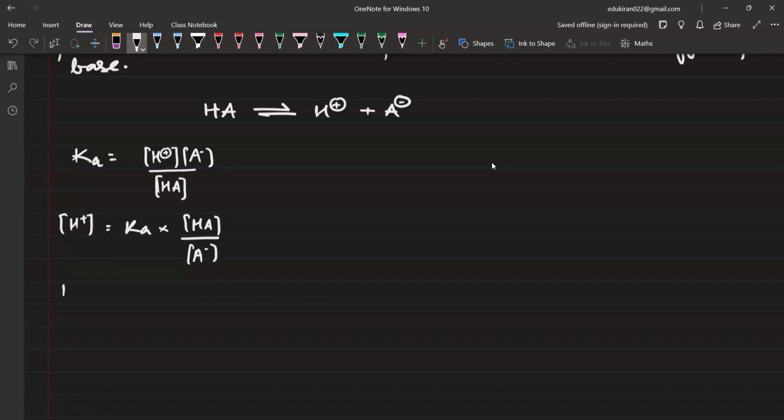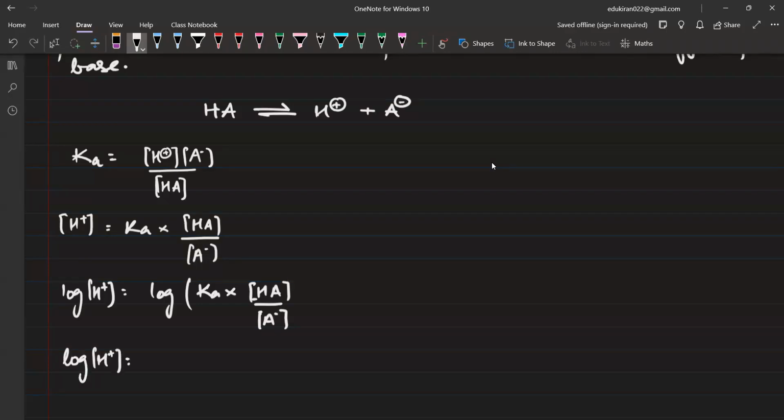Now, if I put log here, log of concentration of H positive will be equal to log of Ka multiplied by HA upon A negative. Now, if I separate these two, this will become log of the concentration of H positive equal to log of the dissociation constant of the acid plus log of the concentration of the acid HA divided by the conjugate base A negative.